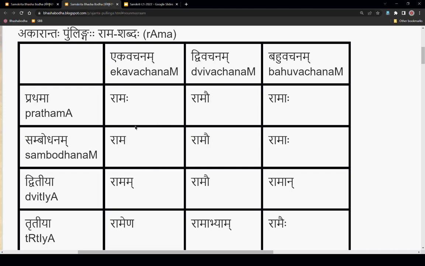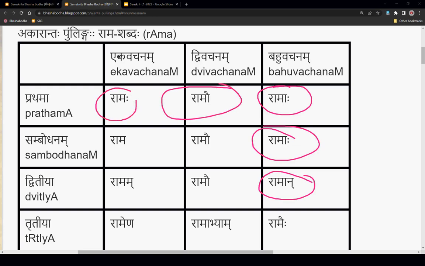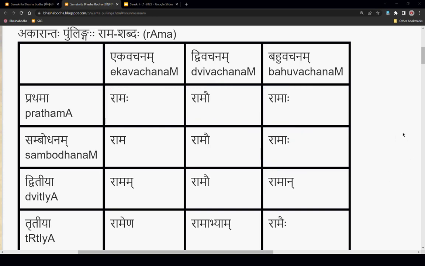In the prathama vibhakti, ekavachana, dvivachana, bahuvachana, etc., it takes these different forms. So these are called forms of namapadam, but this is called pratipadikam. Keep that in mind, it will help to understand the grammar better.